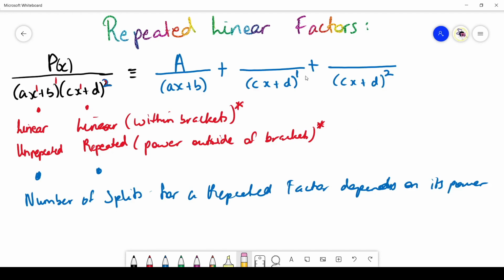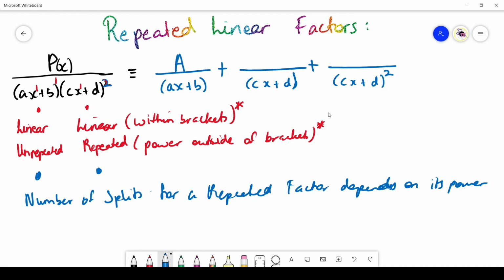Now, I'm going to just erase that because the power of 1 is understood to be there, okay? You guys are probably wondering, okay, that's something new, but what about the numerator? What would the numerator look like? Well, good news for you guys.